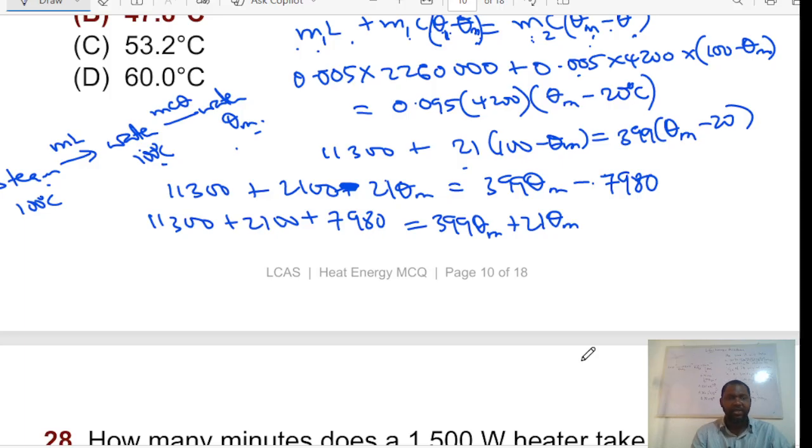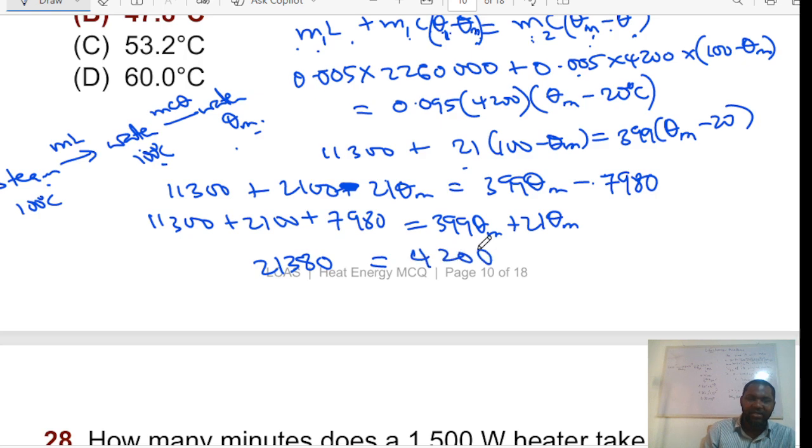So if we use our calculator to do that, 11,300 plus 2,100 plus 7,980, please don't be scared, I'm just teaching you this. The exam doesn't have to be this tough, so don't be scared, just learn.